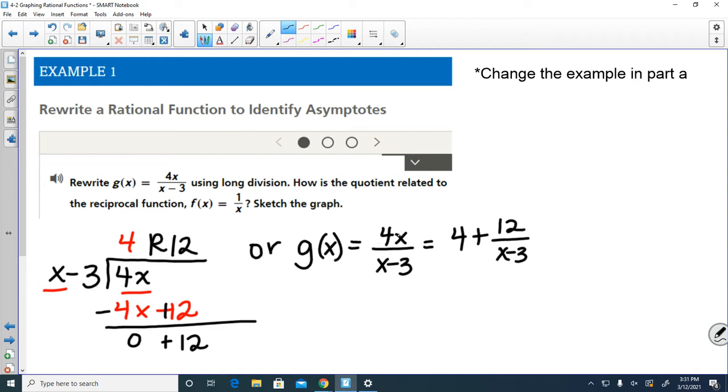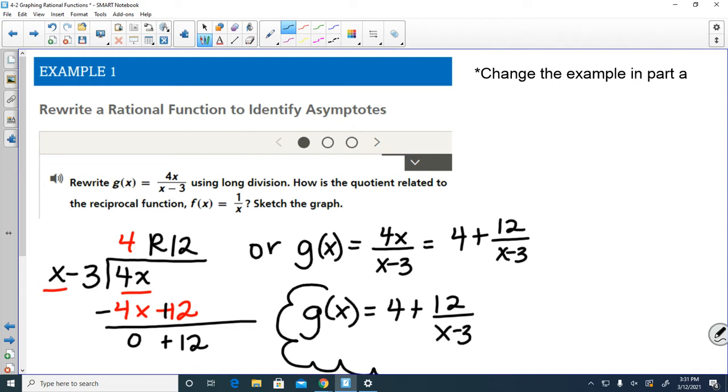Because I divided 4x by x minus 3 and got 4, and 12 was my remainder, so I put it over x minus 3. So that means that g of x is equal to 4 plus 12 over x minus 3. And writing it in this form allows me to see the transformations from the parent function.